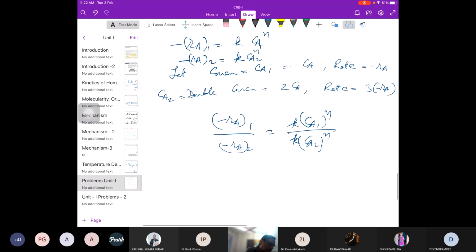So if we substitute for these, we get minus Ra upon 3 times minus Ra, right? K cancels out, and what I get is Ca1 upon Ca2 raised to the power n.